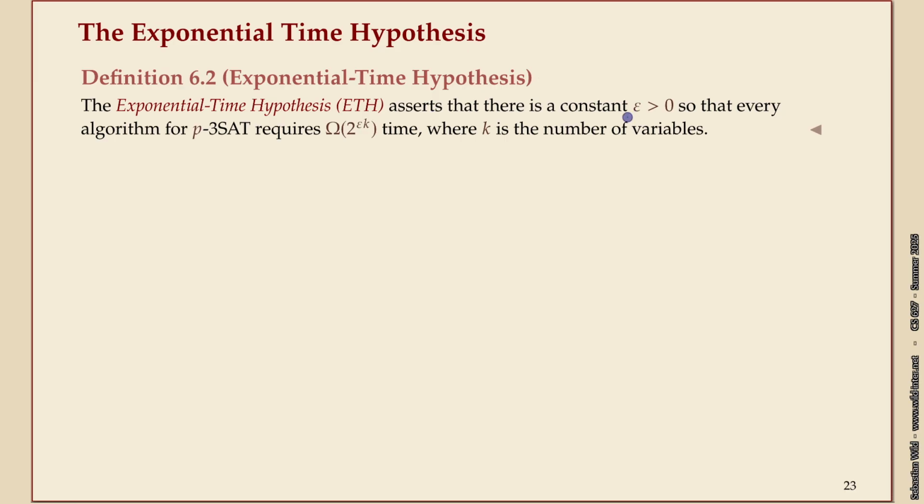It asserts that there is a constant epsilon, so that every algorithm for 3SAT, where it's parameterized by the number of variables, I guess it says what k is. I wish I would have said 3SAT with k variables. So every algorithm for the 3SAT problem requires some time 2 to the epsilon k. In other words, there is some 1 plus delta, and delta is greater than 0.